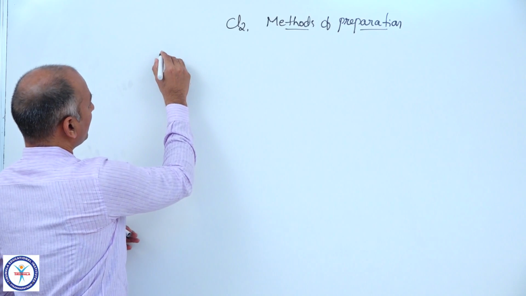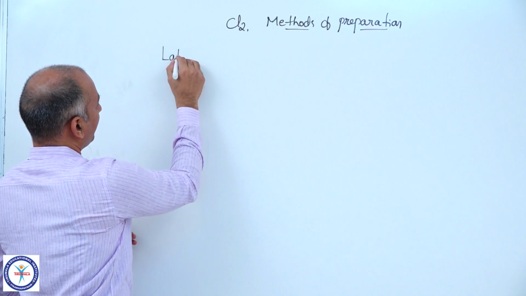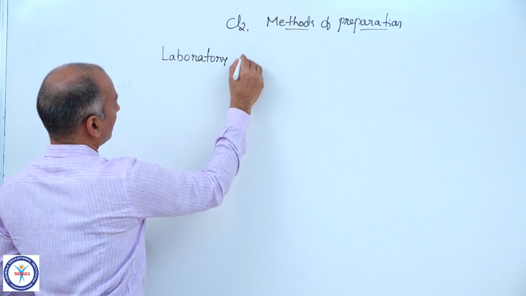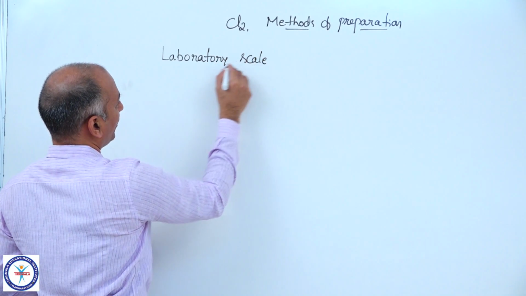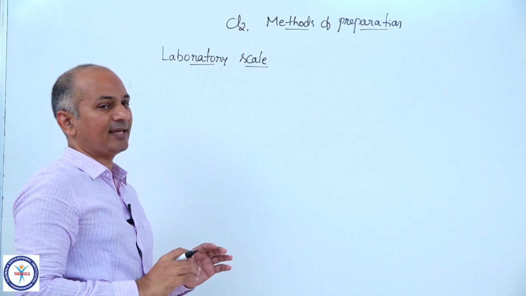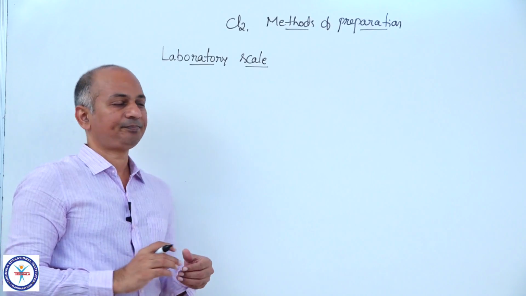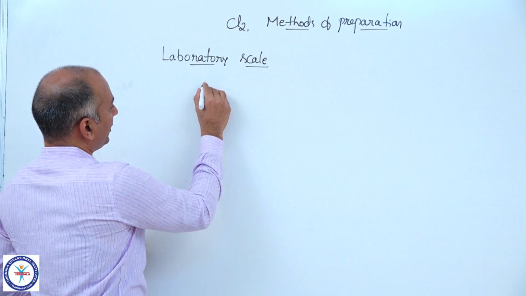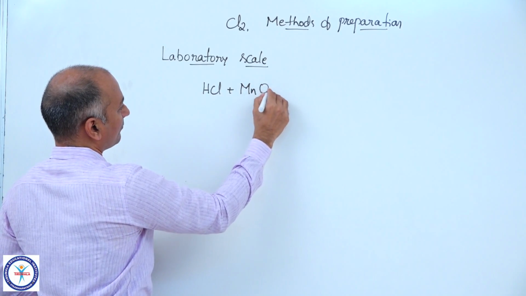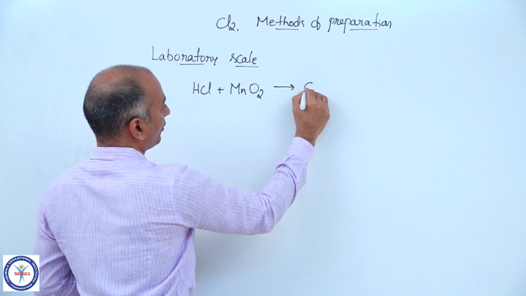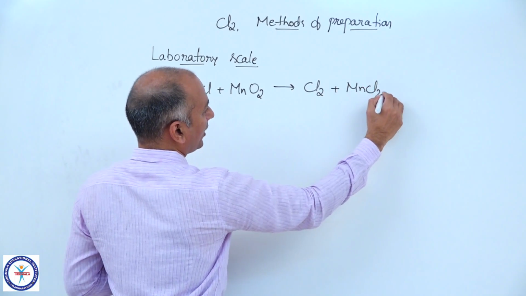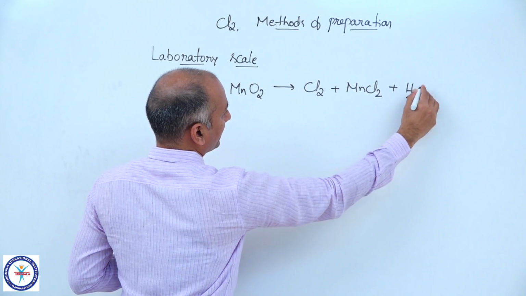First, laboratory scale method of preparation. You can prepare chlorine on a small scale from HCl or NaCl, and when you treat HCl with MnO2, you will get chlorine plus Mn2+ plus water.